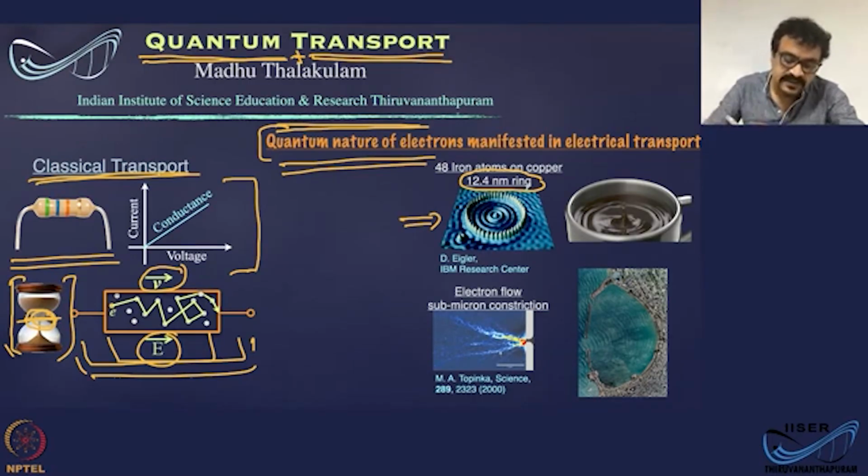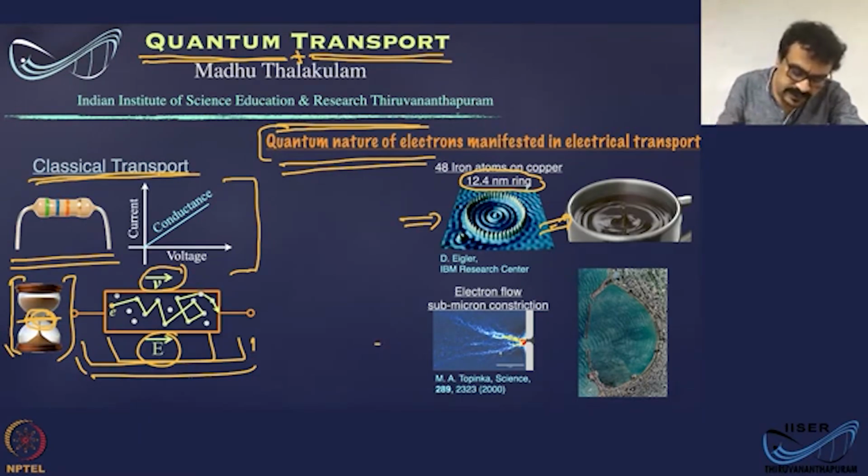And you can see this is very similar to the standing wave patterns or the ripples that you are going to observe in a coffee cup or in a cup where you have some kind of liquid, coffee or any soft drink or water or anything. So what you are seeing here is the manifestation of wave nature of electrons in this case. The wave function is going to set up ripples just similar to that on the surface of water or a liquid.